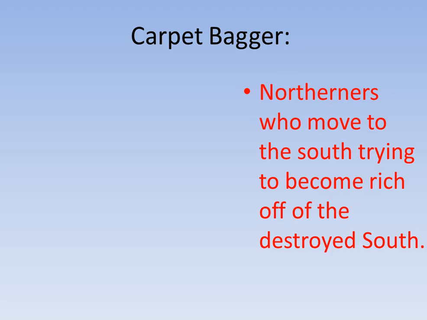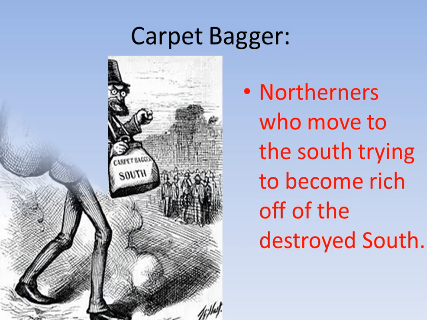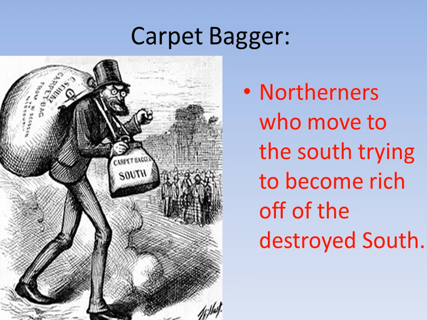And then on the other side is a carpetbagger. All right. Nice little picture of a carpetbagger from the South. Basically, these people were Northerners who were moving to the South to try to become rich off the destroyed South. So what happens is the Northerners see an opportunity. All these people who just had their houses destroyed, their crops burned, have no jobs, have no place to go.